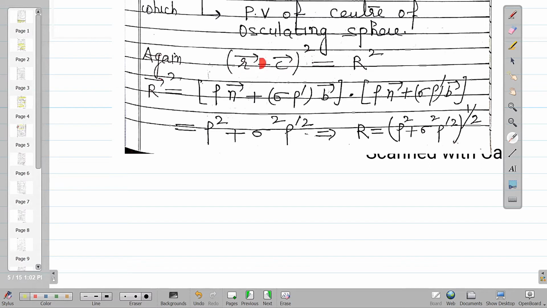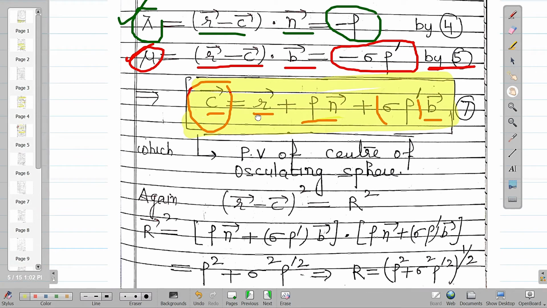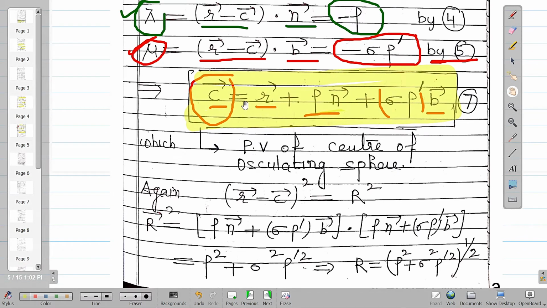Now this term can be written as (R minus C) dot (R minus C). So what is the value of R minus C? You know that. From this, you find the value of R minus C, which is minus rho n vector minus sigma rho dash b vector. So this is the value of R minus C.